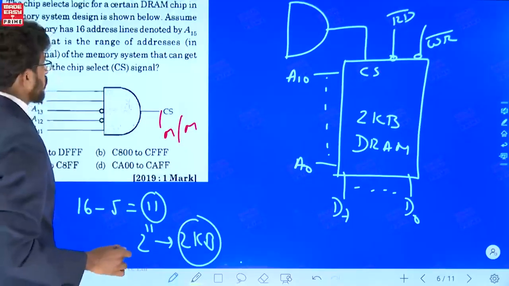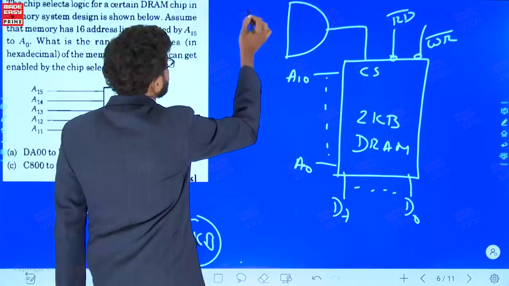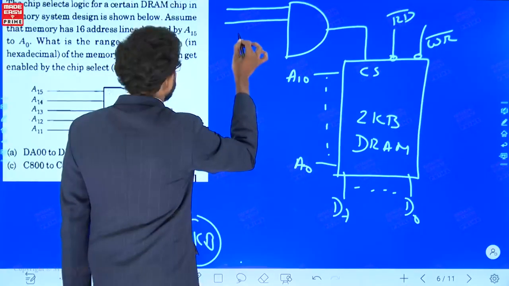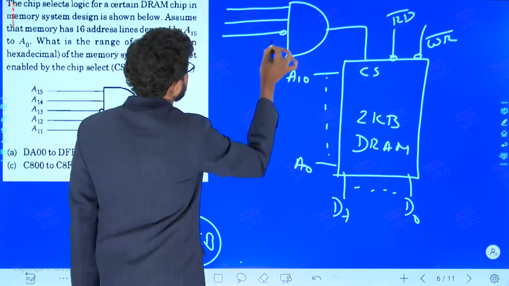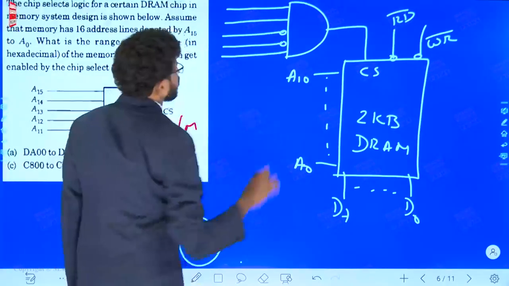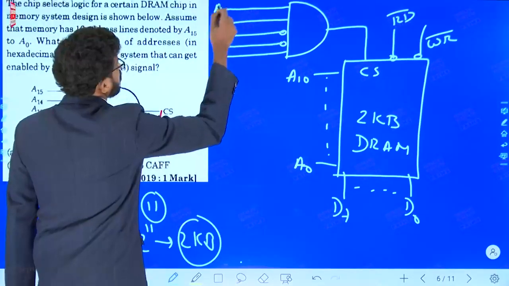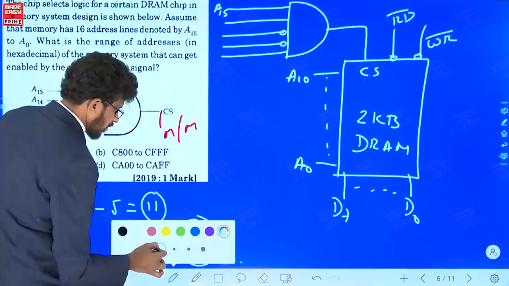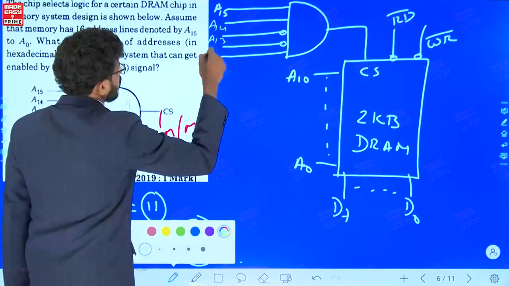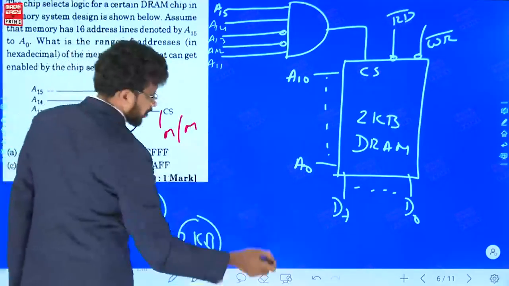Now, very simple, tell me what is the decoding logic you got here. A15, A14, A13 and A12 are bubbled, bubble means negated, and the last one is directly connected, A11. Very simple. So, tell me what are the values?